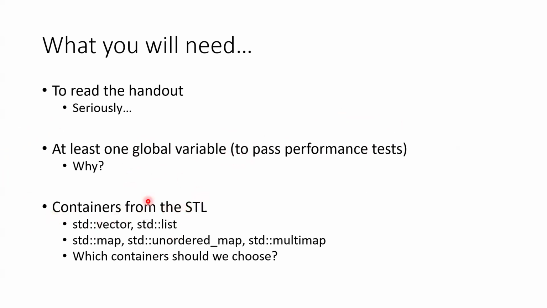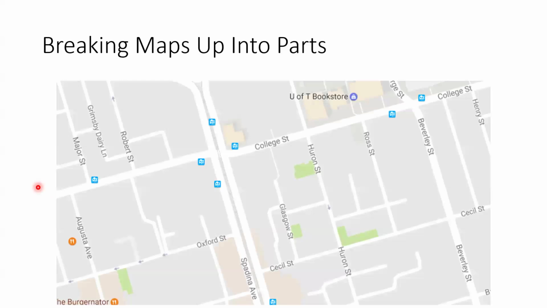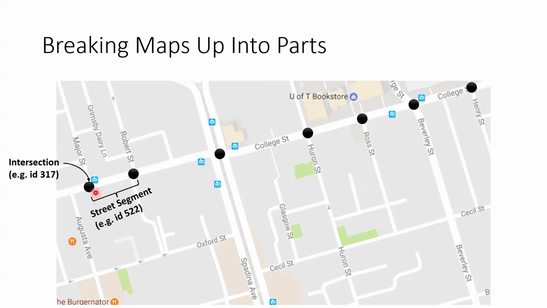Use containers from the STL to store the global variables. You should be picking which container to store the global variables, depending on the usage. Your map is represented by intersections. Each intersection has an intersection ID that goes from 0 to number of intersections minus 1.